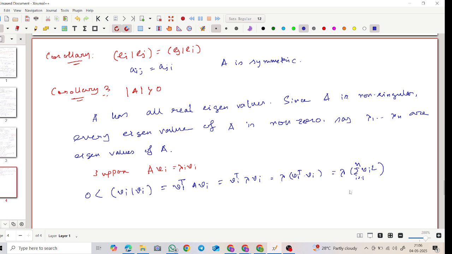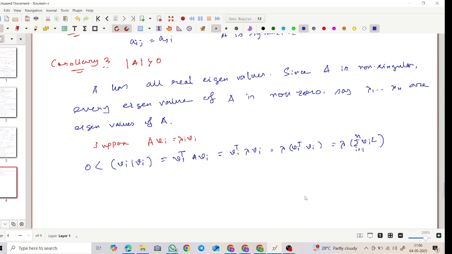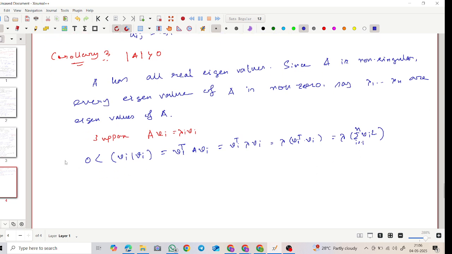This quantity inside the bracket is non-zero because Vi is non-zero by definition. So we have lambda times summation Vi square, i running from 1 to n, strictly greater than 0. This means lambda_i is strictly greater than 0.